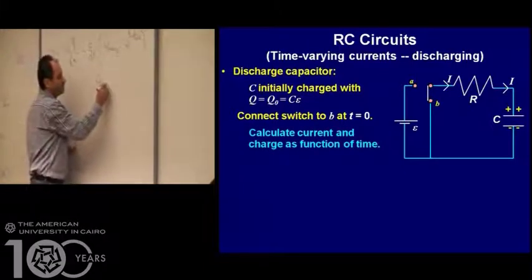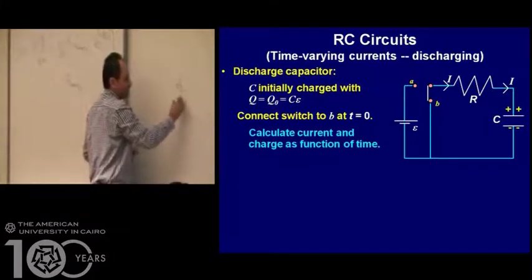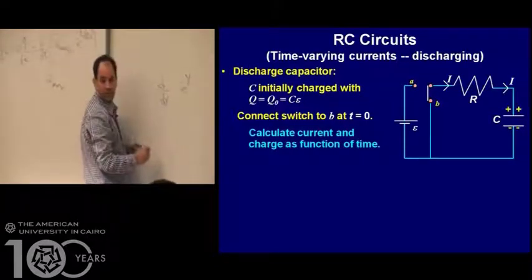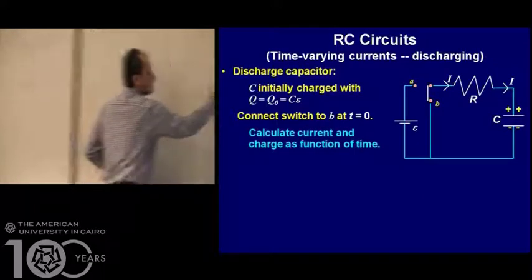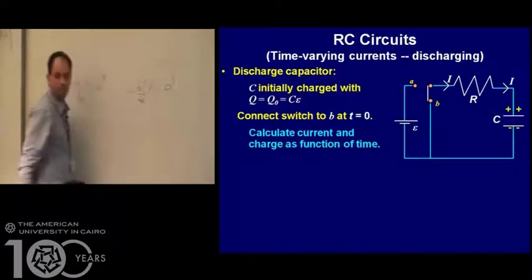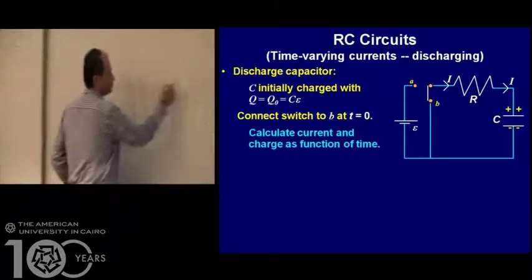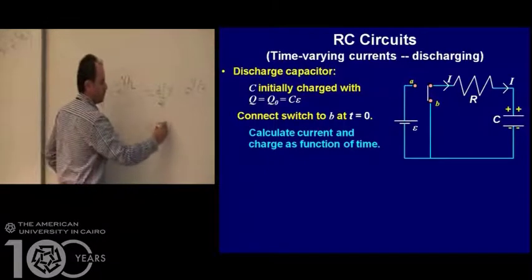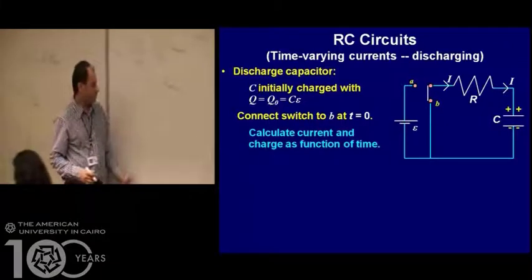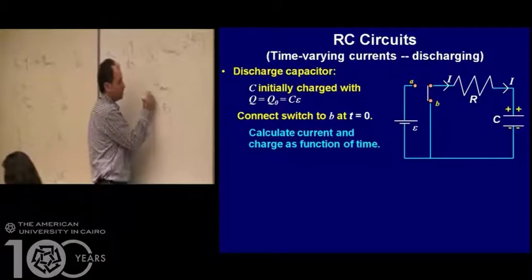The derivative of e to the power x is e to the power x times d by dx of whatever is in the exponent. So if it was x over 2, this is going to be 1 over 2 e to the power x over 2. So the derivative of e to the power minus t over RC gives a factor of minus 1 over RC.